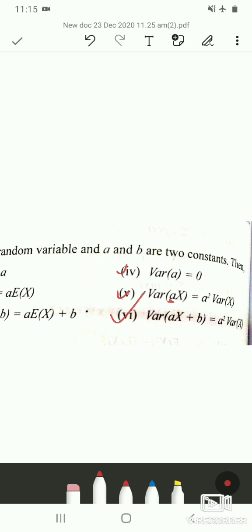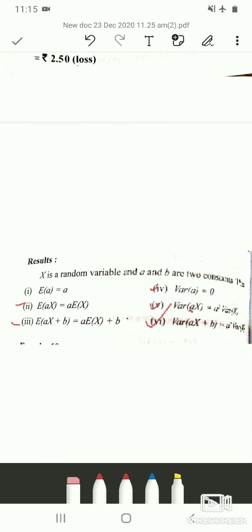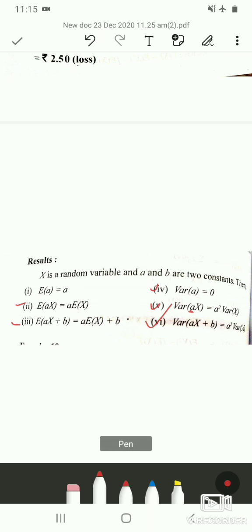The last result is variance of aX plus b is a square into variance of X. The proof of these results is not a part of your syllabus, but these 6 results are very important, and based on these results you may get problems. So using these results you have to simplify those problems. So memorize these 6 important results.